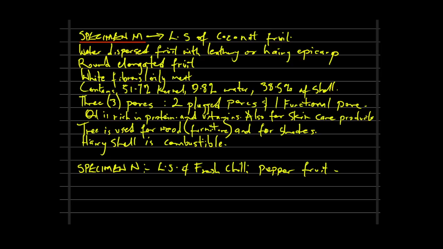So we look at the characteristics now. Let us quickly write out the characteristics for this particular specimen. The first one: it is a berry fruit that is hot and peppery.